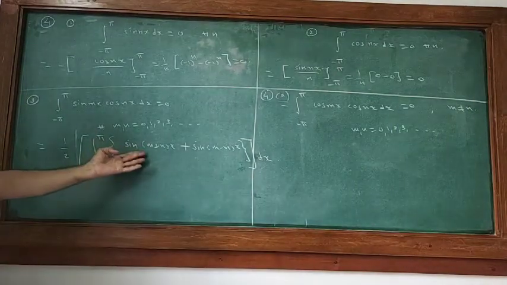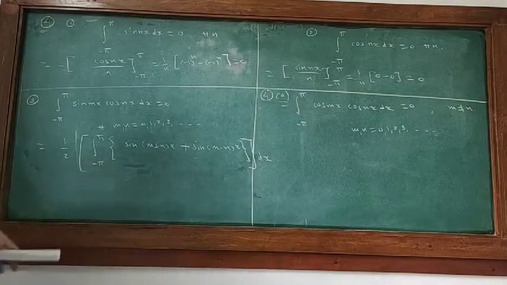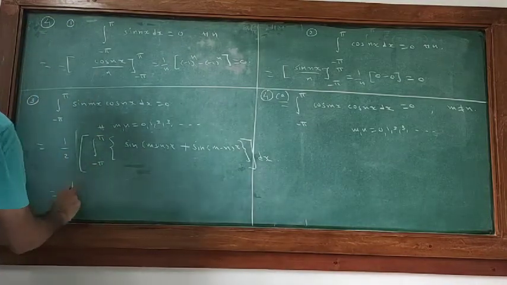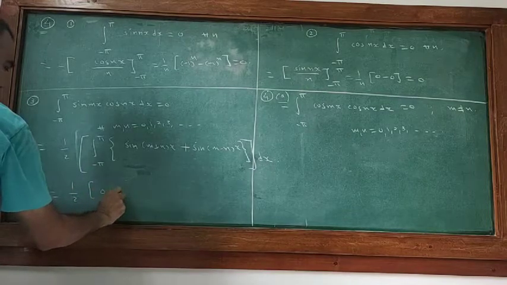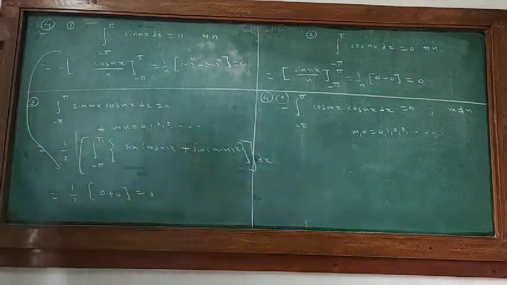And as you know, the value of sine is 0 everywhere as per the previous result, and therefore both these values are equal to 0, and therefore this is 0 because of this one.